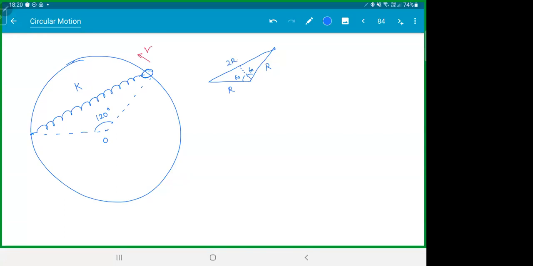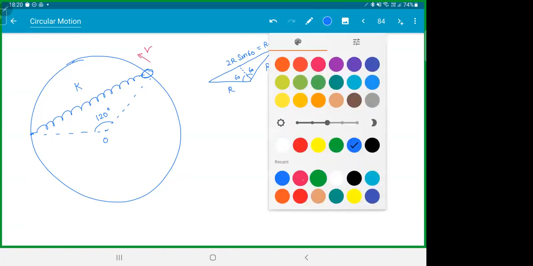So this side will be 2R sin 60, so that will be R root 3. The elongation in the spring will be the final length minus initial length. So elongation x will be R root 3 minus R. There, that's your elongation.